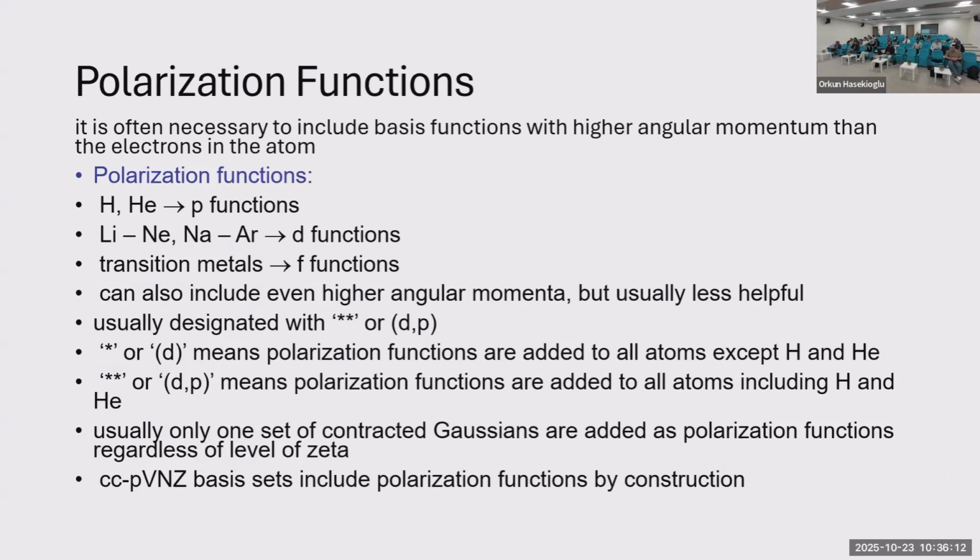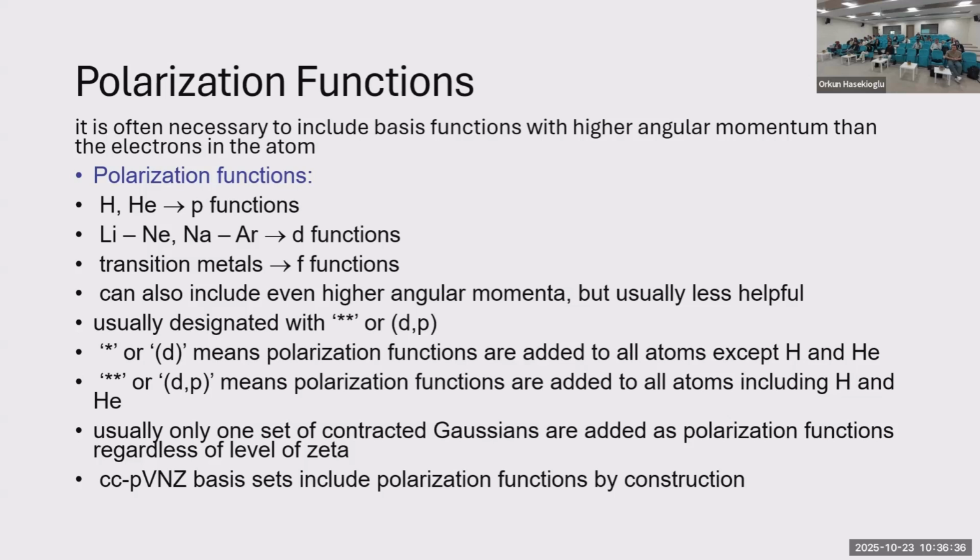So it is often necessary to add them, and we add p functions to hydrogen and helium, or d functions to lithium to neon and sodium to argon, and transition metals have f functions. They can also include even higher angular momenta, but usually less helpful.